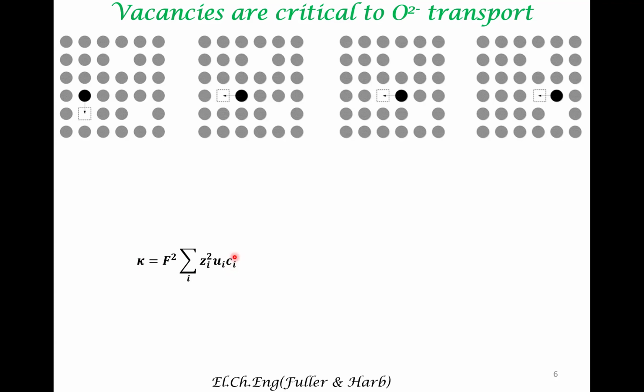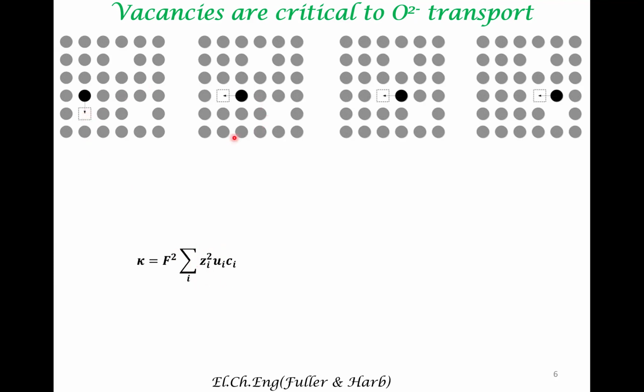This is because in these kinds of electrolytes, there is strong interaction between the vacancy and another vacancy. That is, each vacancy is not independent of other vacancies. In this formula, when we derived, we more or less considered the charge carriers to be independent of each other. Therefore, conductivity contribution from each of the ions could be added up very easily.